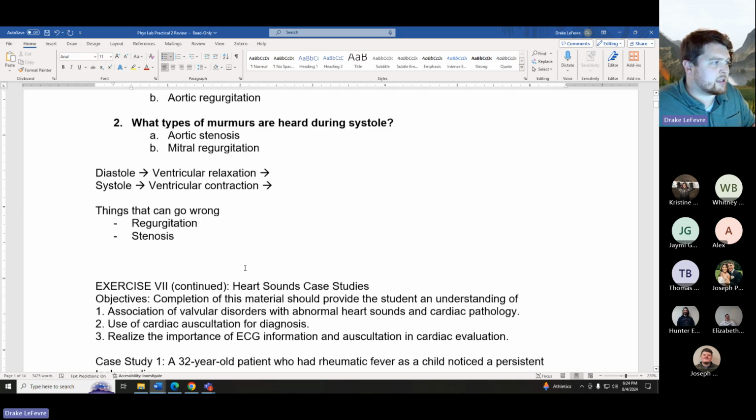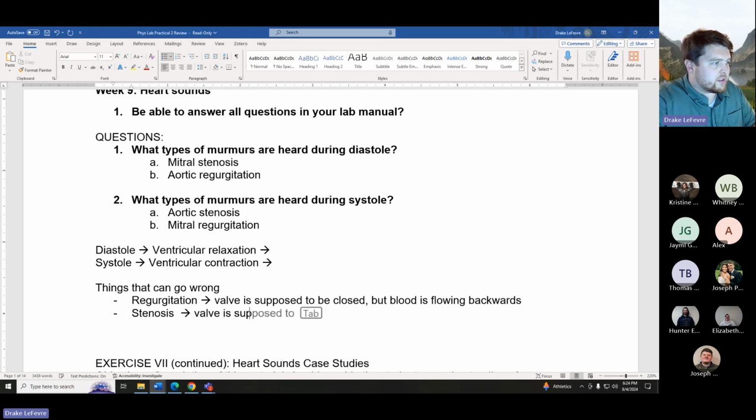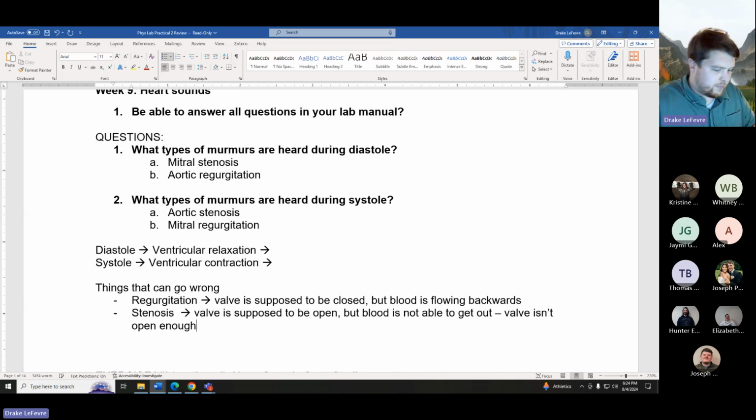Regurgitation is when a valve is supposed to be closed, but blood is flowing backwards. Stenosis is when a valve is supposed to be open, but blood is not able to get out; the valve isn't open enough.